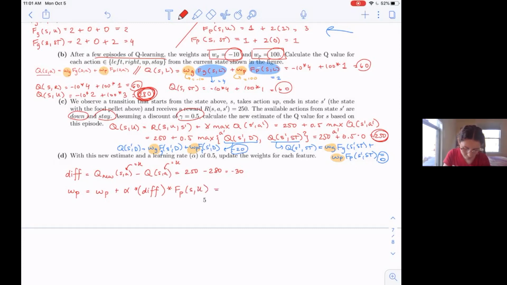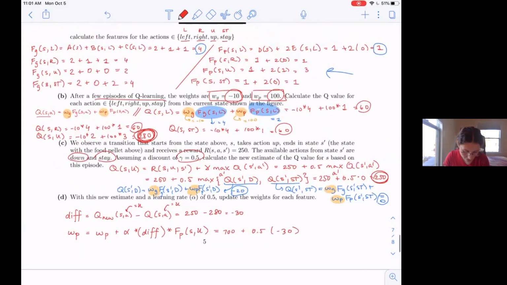The old value of WP was equal to 100. Our alpha equals 0.5, and our difference equals minus 30. And then what is the feature value of FP at state U? FP at state U is equal to 3. And so this ultimately will equal a new weight for the feature FP of 55.